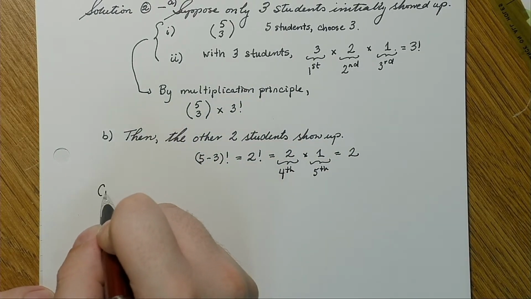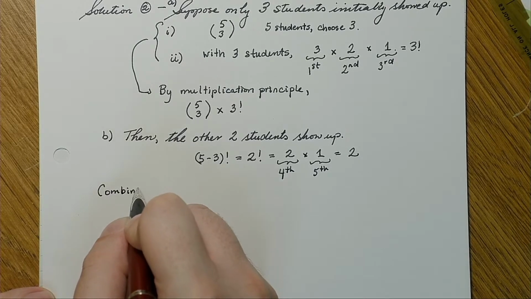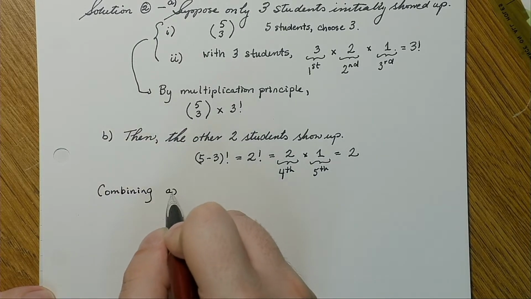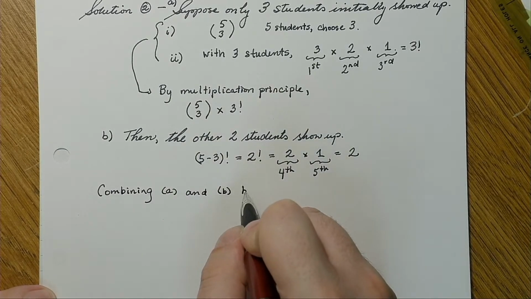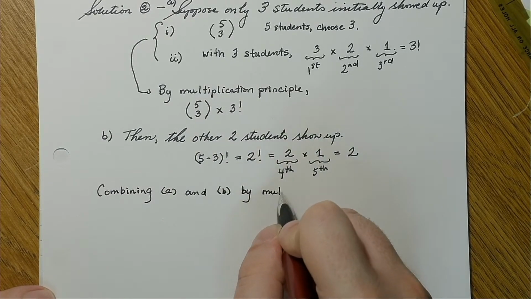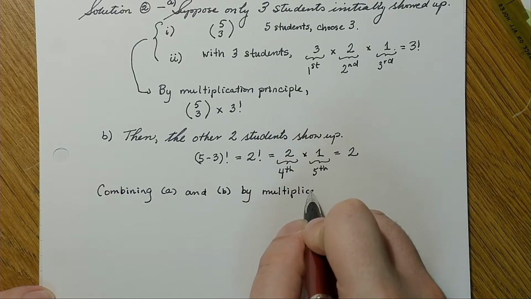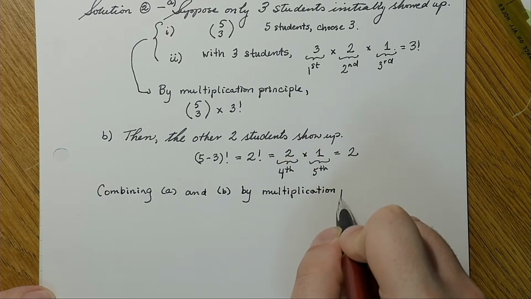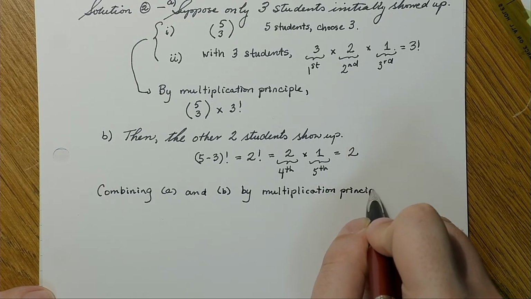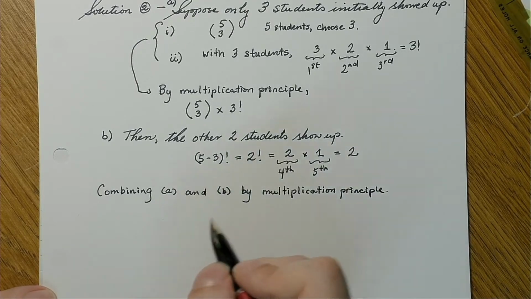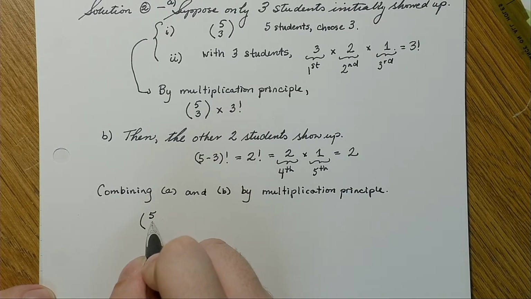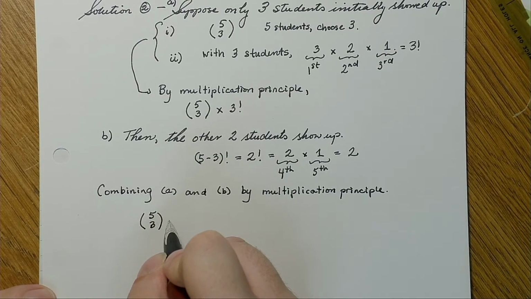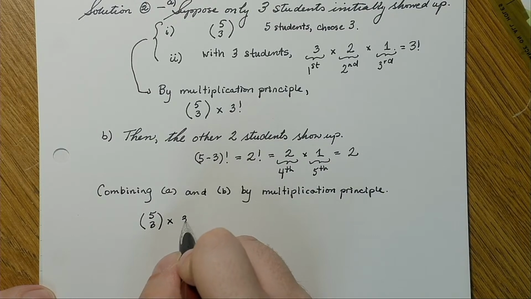So combining the whole story, by the multiplication principle, what we had was that we had 3 students initially show up, so we choose 3 of them, and we line those up, which was 3 factorial.